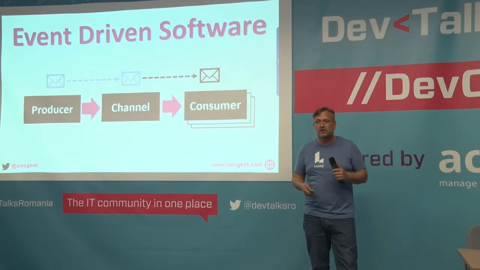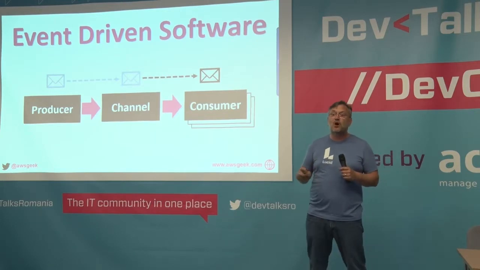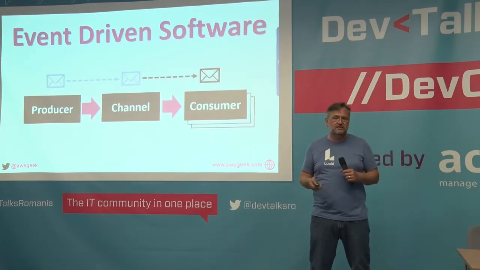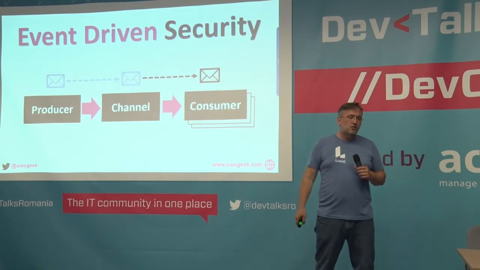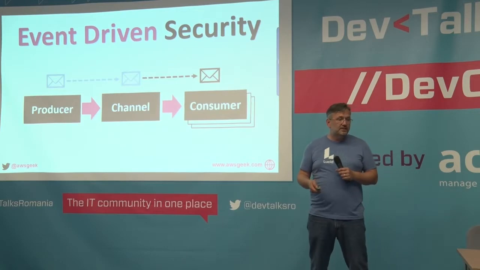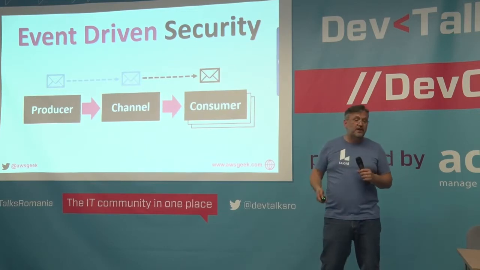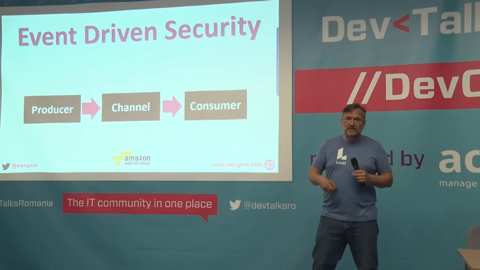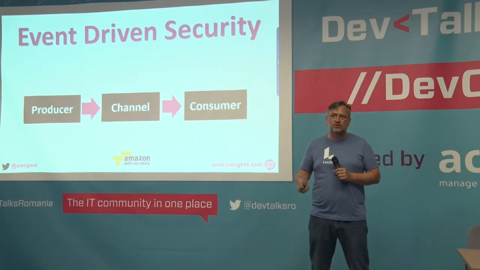So in general, it's a great practice. Many of us have probably been using it in projects that we've been working on for a long time. So the question is, how do we apply this to security? Well, in the context of event-driven security, let's take a look at how you can actually do that on AWS.